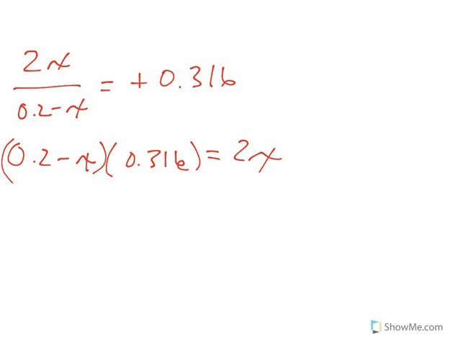All right. So solving for x, I'm going to multiply both sides by the denominator. I'm going to distribute the 0.316 through. So I'm going to take 0.316 times 0.2, and that gives me 0.063 minus 0.316x equals 2x.